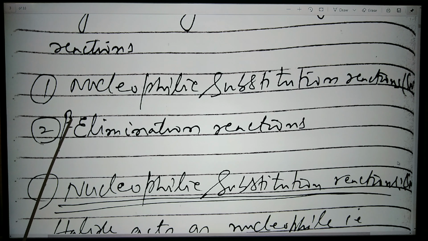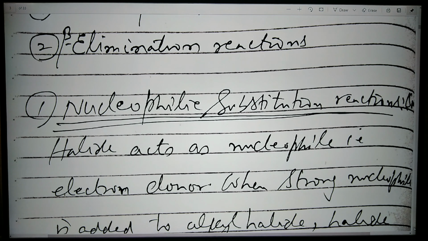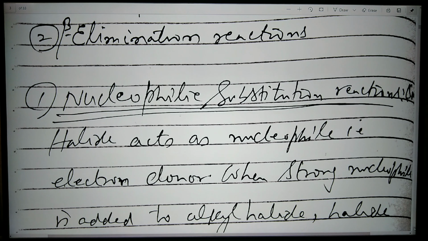The other one is called beta elimination reaction. In the first one, this Cl is replaced by any other nucleophile, whereas in the second, the halide is removed along with the hydrogen. So this is called the elimination. We will explain in detail.